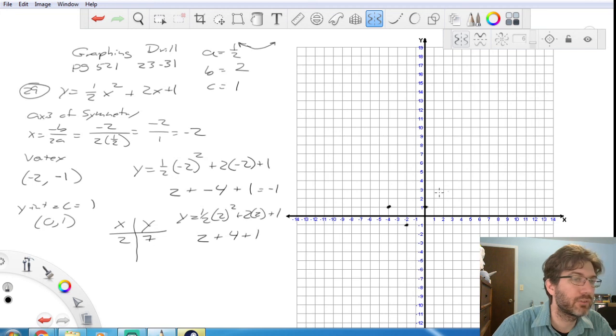So 2 comma 7. 2 and 7 is up here. And the reflection points 1, 2, 3, 4 away from the line of symmetry. So you should look like that.